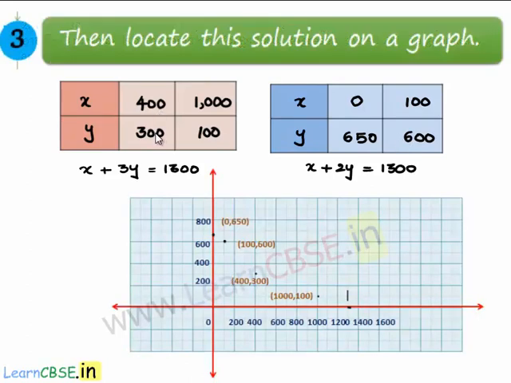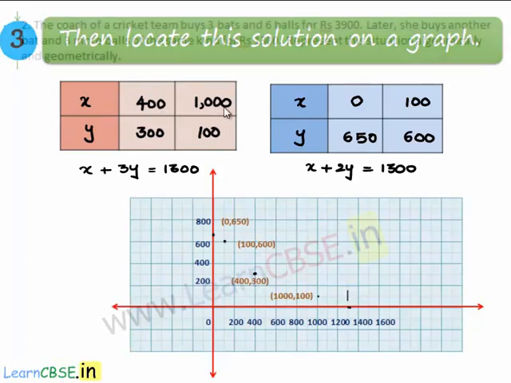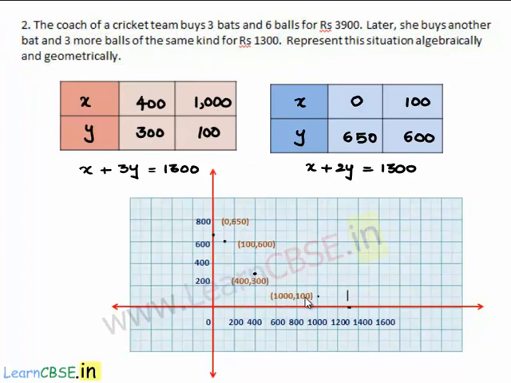Now 400, 300 is here, 1000, 100 is here. So let us join these points in order to get a straight line. The equation of that straight line is x plus 3y is equal to 1300. Now 0, 650 is here and 100, 600 is here.